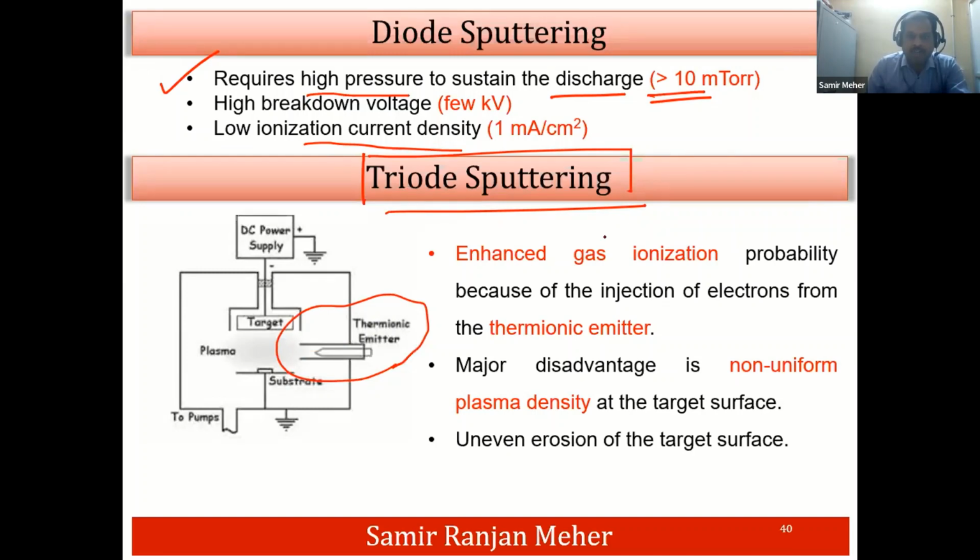As a result, the gas ionization will be enhanced. But the major disadvantage of this technique is that the plasma in the chamber is not uniform. So it will result in a non-uniform plasma density, and as a consequence, the target surface will not be uniformly etched. It will result in uneven erosion of the target surface.